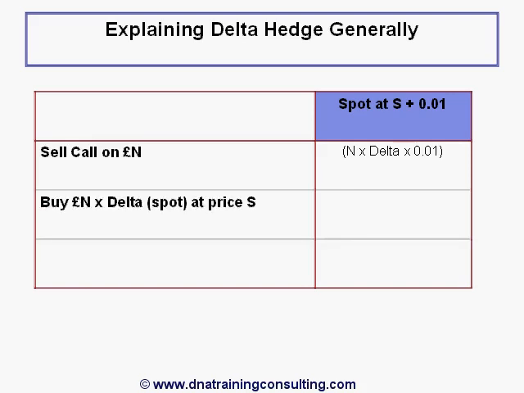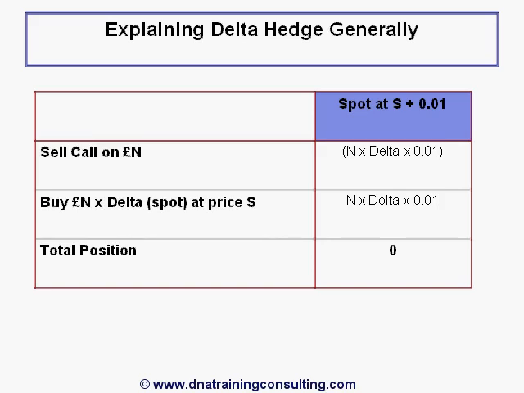But the trader is long an amount equal to the notional times delta units of sterling spot, and so has achieved a gain in dollars of N times delta times 0.01 in dollars again, which offsets his loss under the option.